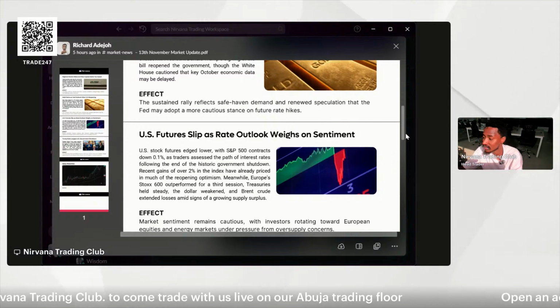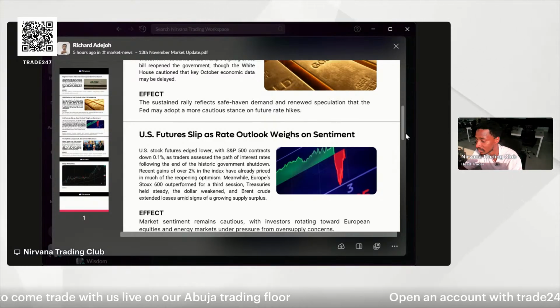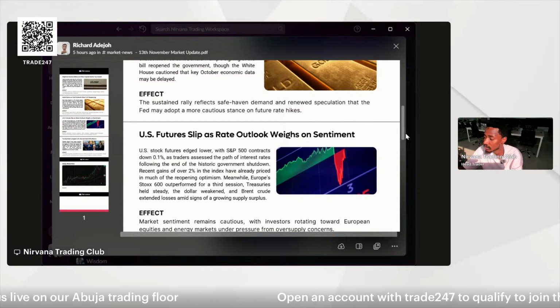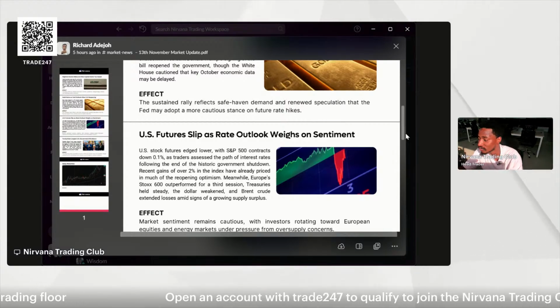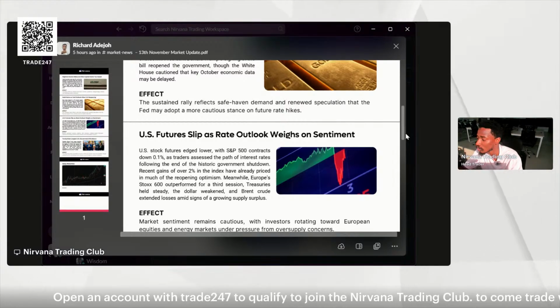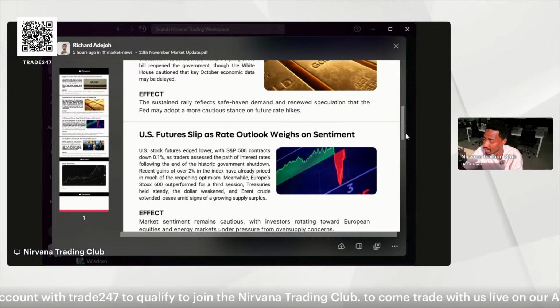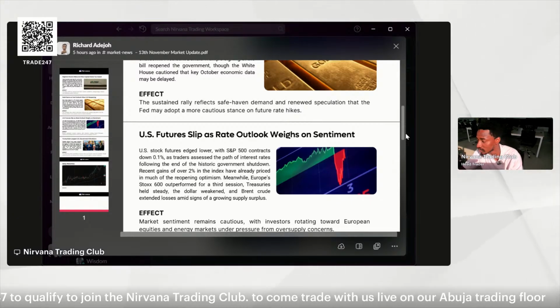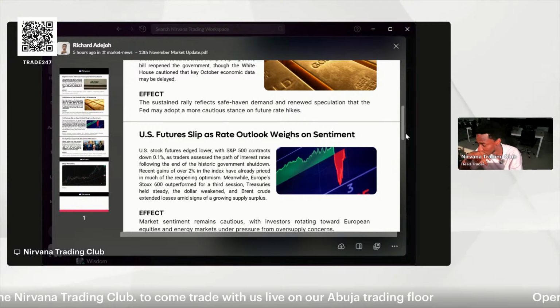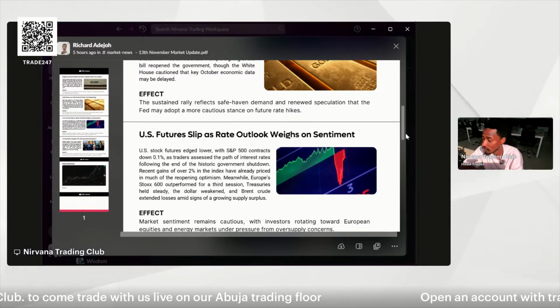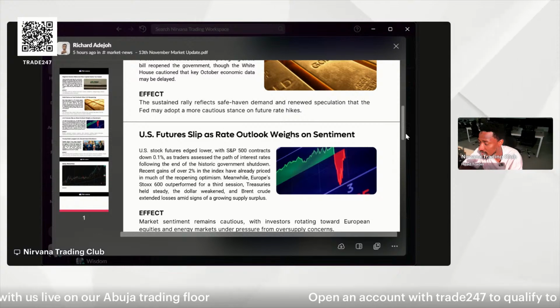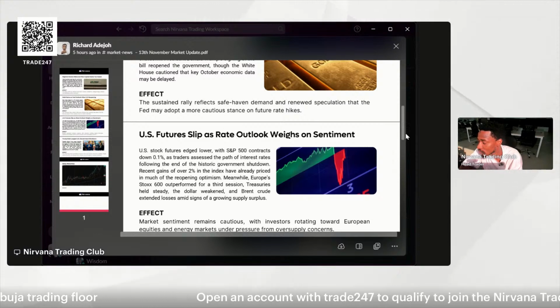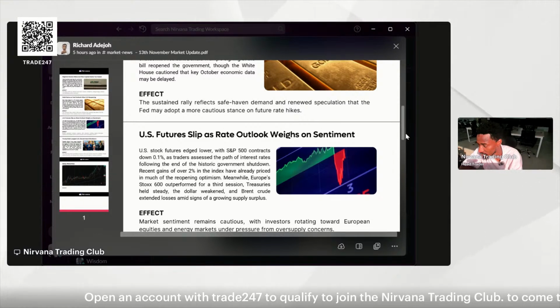US futures slip as rate outlook weighs on sentiment. US stock futures edged lower, with S&P 500 contracts down 0.1% as traders assess the path of interest rates following the end of the historic government shutdown. Recent gains of over 2% in the index have already priced in much of the reopening optimism.